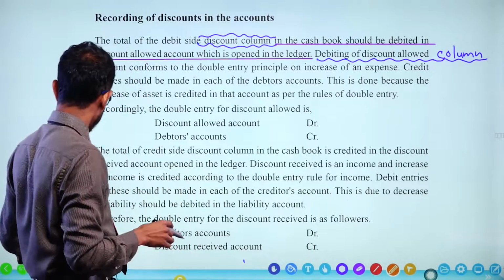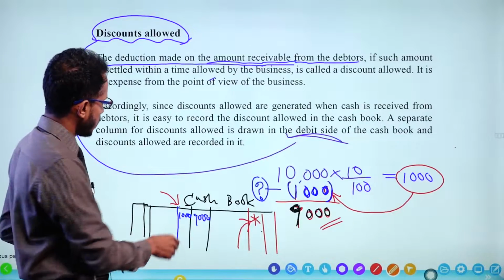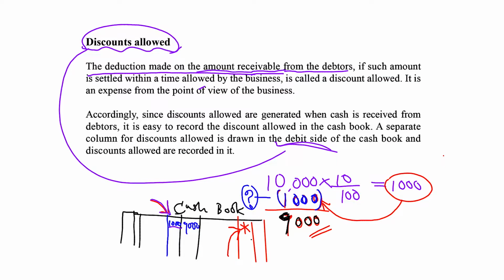Just by debiting the discount allowed column in the debit side, see, this is the discounts allowed 1,000 and this is the received 9,000.